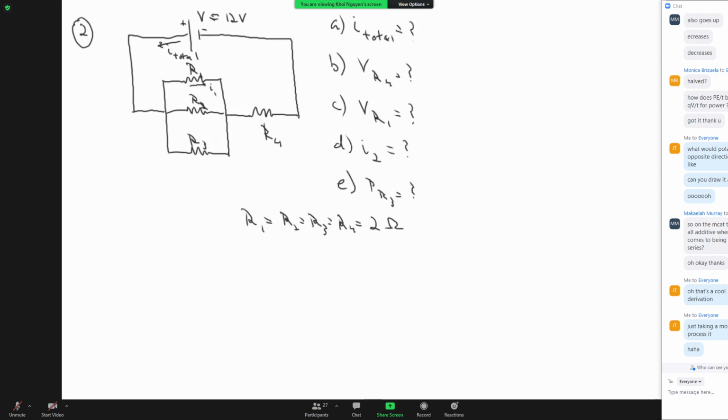I1 is the current across R1. I2 is the current across R2. And I3 is the current across R3, respectively.